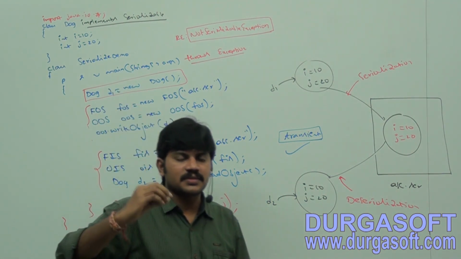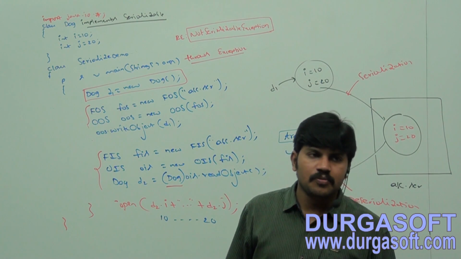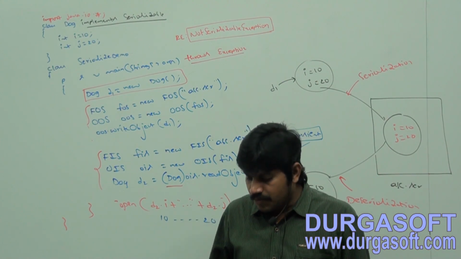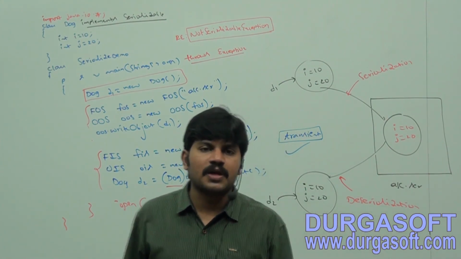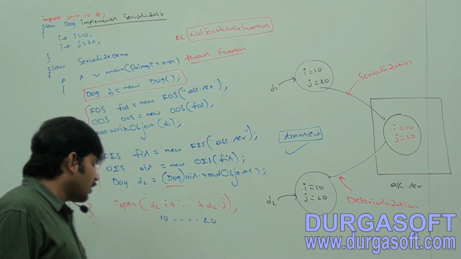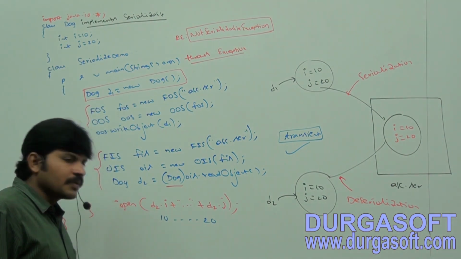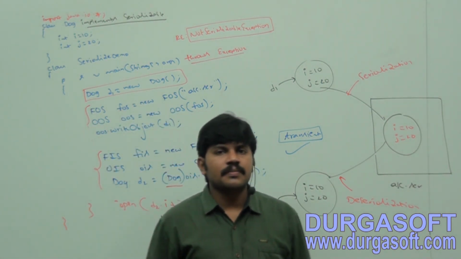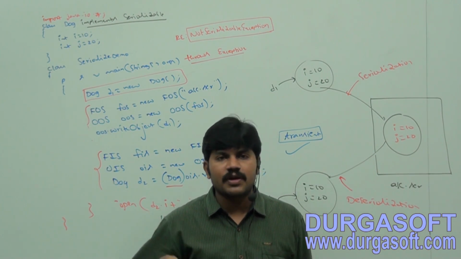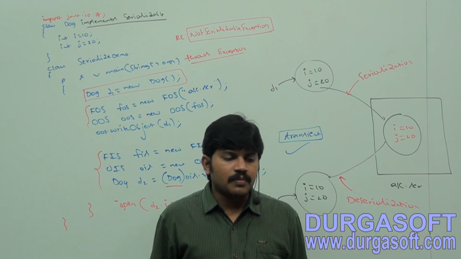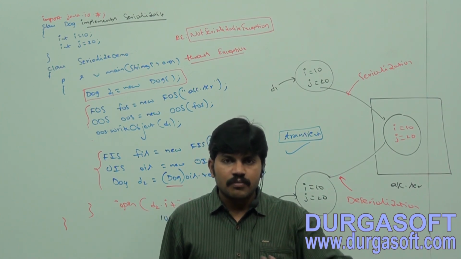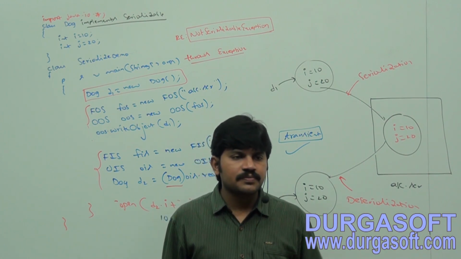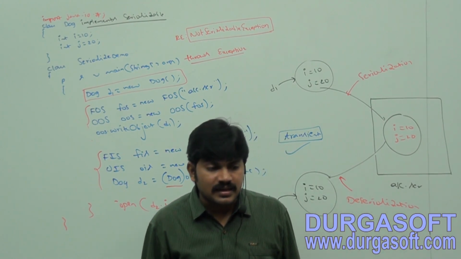Transient modifier is applicable only for variables, but not for methods and classes.